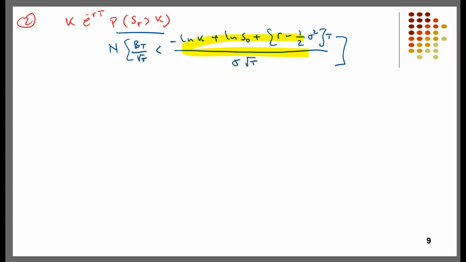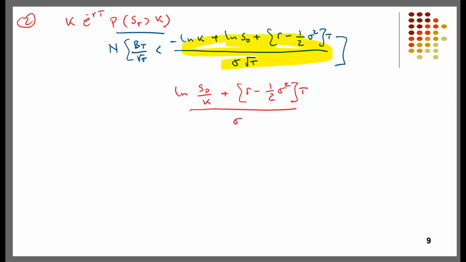Let's rewrite this term here. That term is going to be equal to the log of S0 divided by k plus r minus 1/2 of the variance multiplied by t, divided by standard deviation square root of t. And let's call that d2.